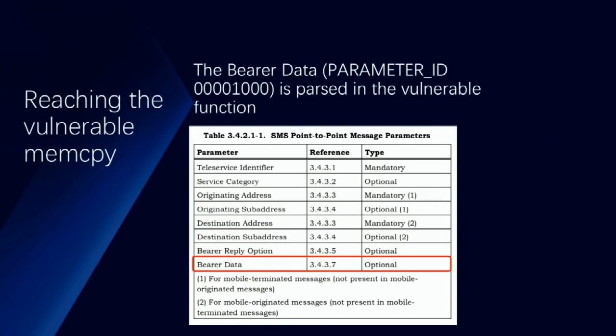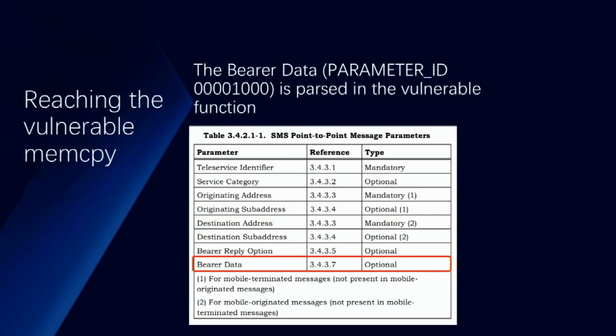Next, you can see here the bearer data field. Although this field is optional, it is critical to our exploit, because this field actually means the upper layer payload of this message. It contains the data of the upper layer protocol, and this is where the vulnerable memory copy happens.